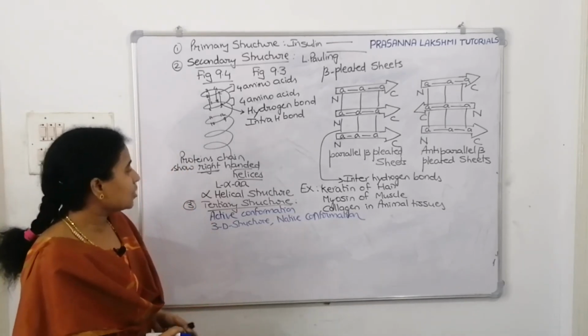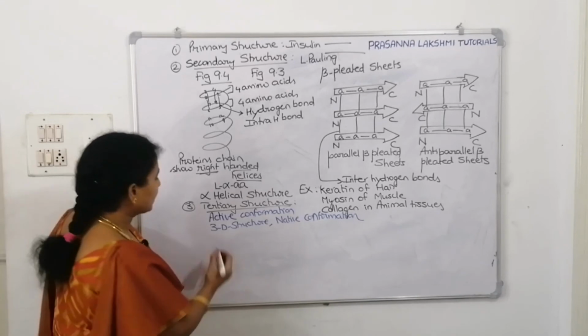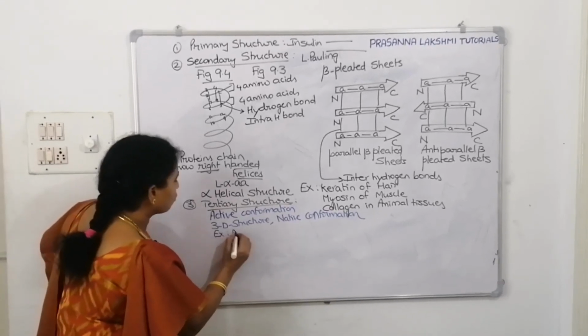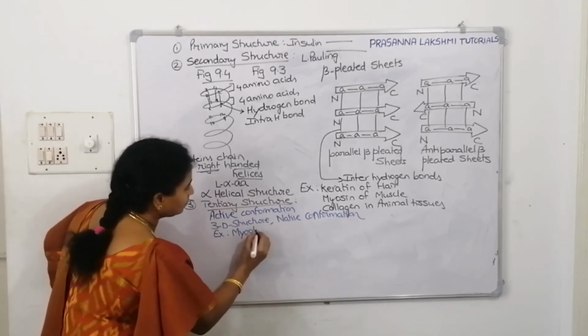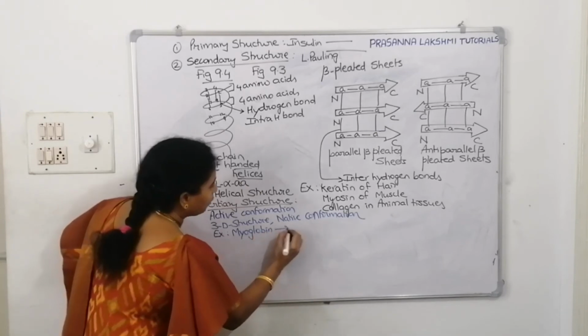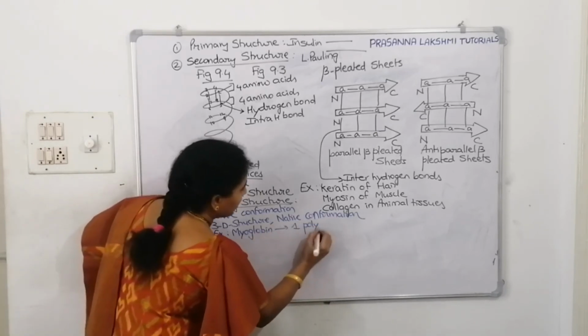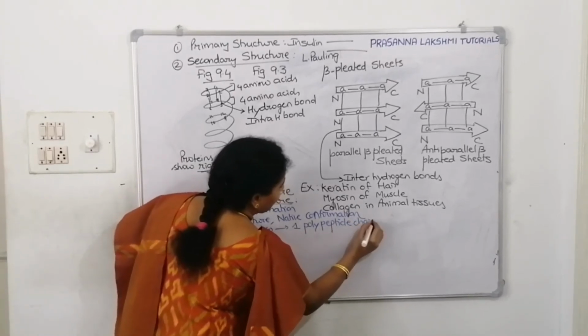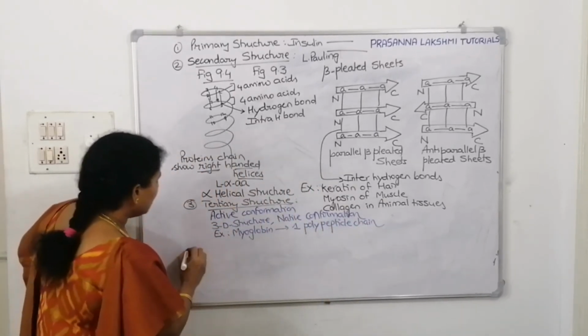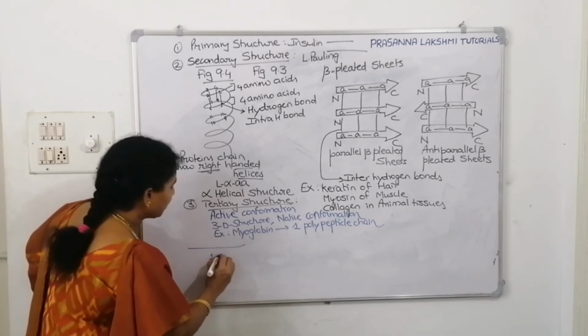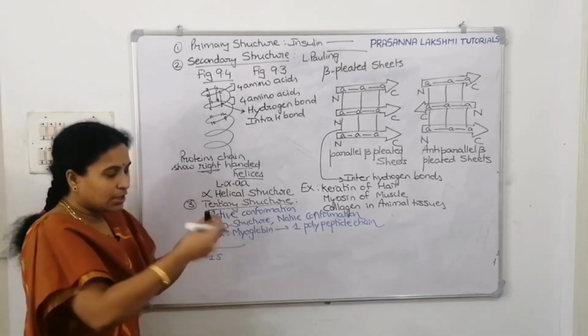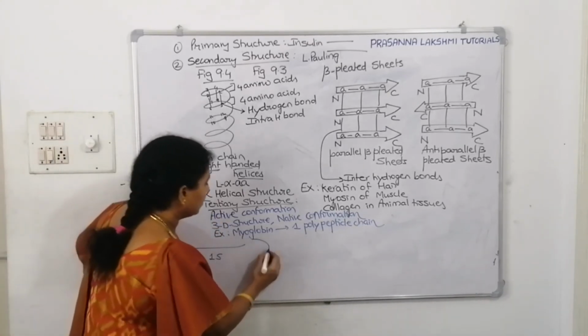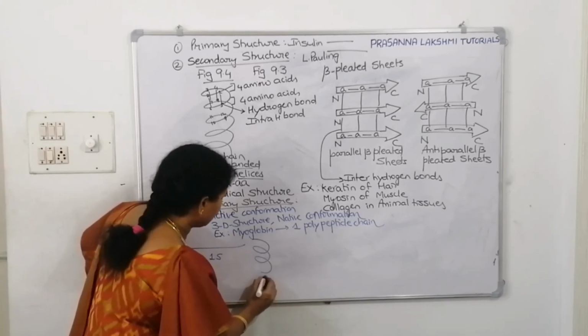Now for tertiary structure, the example is myoglobin, made up of only one polypeptide chain. A linear chain we call the primary structure. A linear chain coiled is the secondary structure.